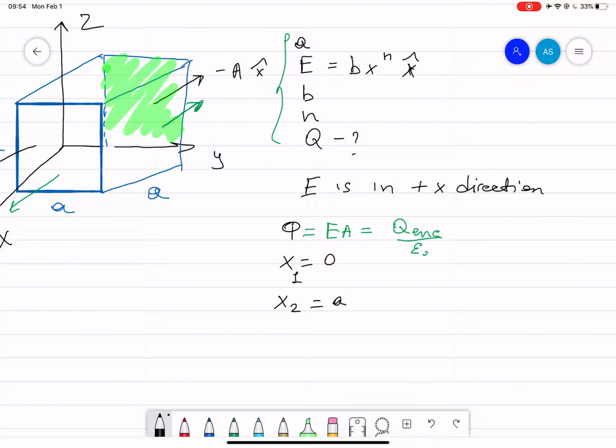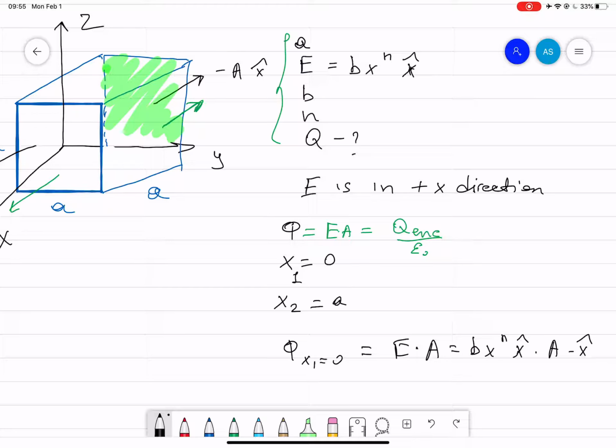So let's first find the electric flux when x is equal to 0. We have electric field dot A. Now the electric field is equal to B x to the power of n in the positive x vector, multiplied by the area in the negative x vector, because it's pointing to the negative side.